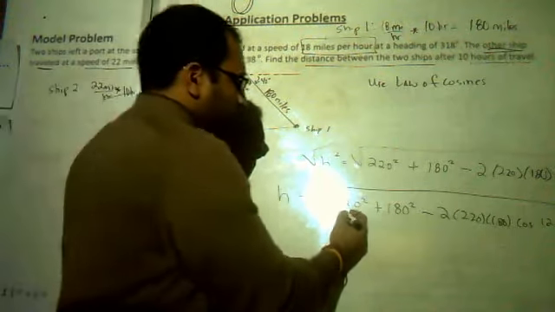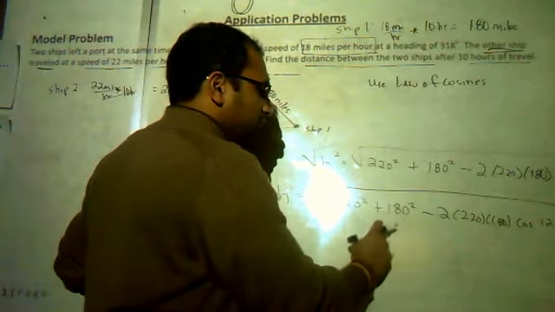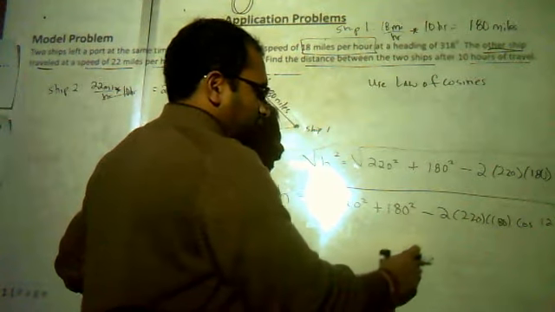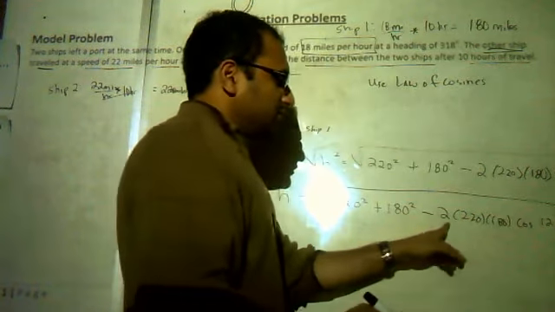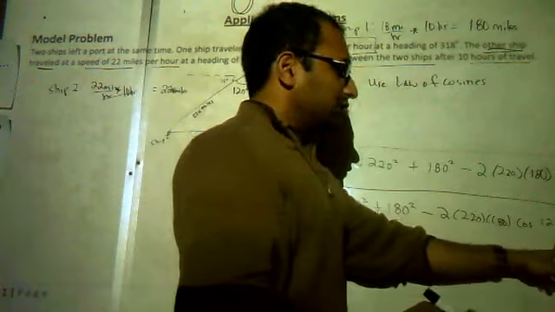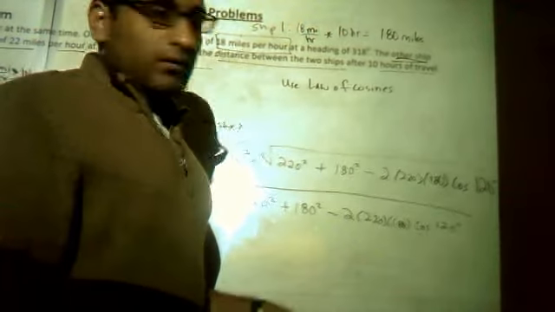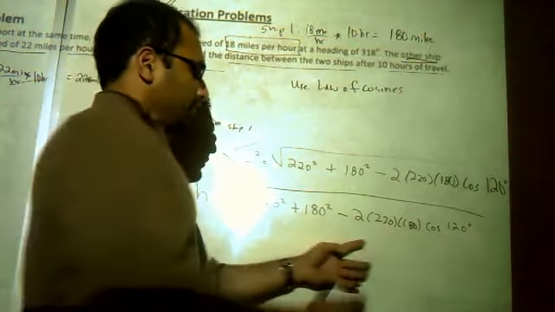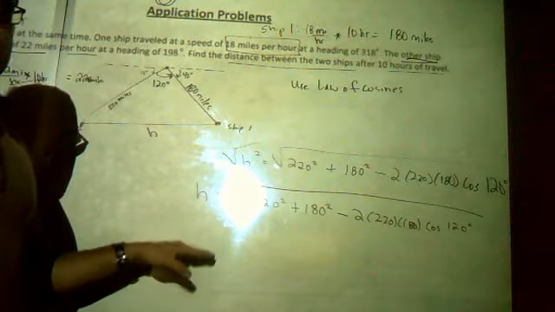So evaluate 220 squared, write that down, plus 180 squared, write that down, subtracted by this entire term. So go ahead and evaluate 2 times 220 times 180 times the cosine of 120. Whatever you get there, subtract it from whatever you got for the first two terms. Then take the square root.